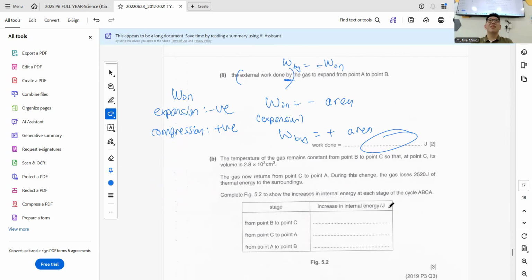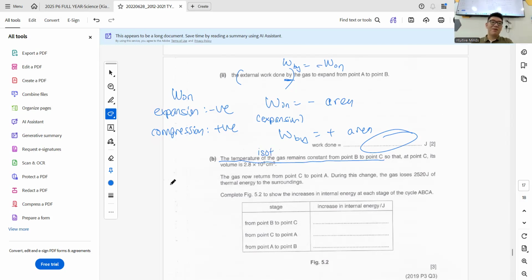Okay, now let's take a look at this. Every statement here has something on it. All right, let's take a look at the first statement. The temperature remains constant. What does it tell you? It's isobaric? Isobaric is not volume. Isobaric is pressure.